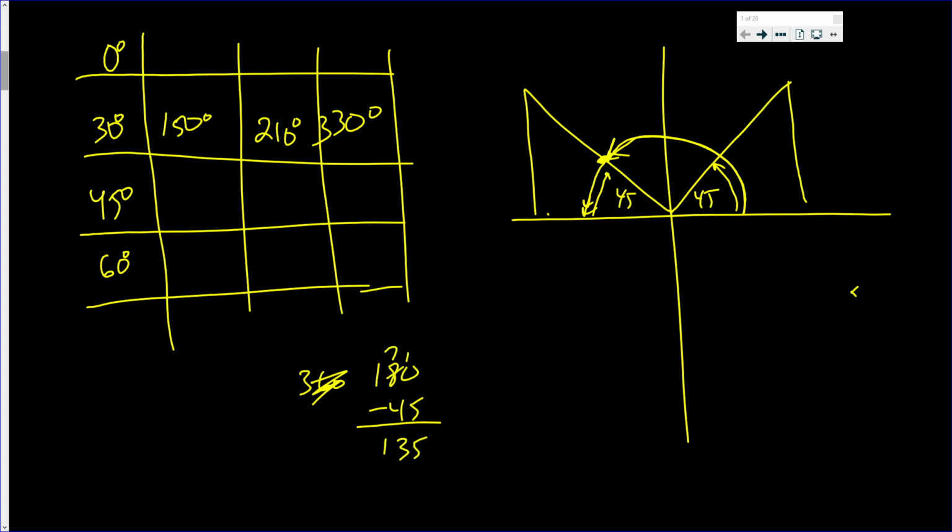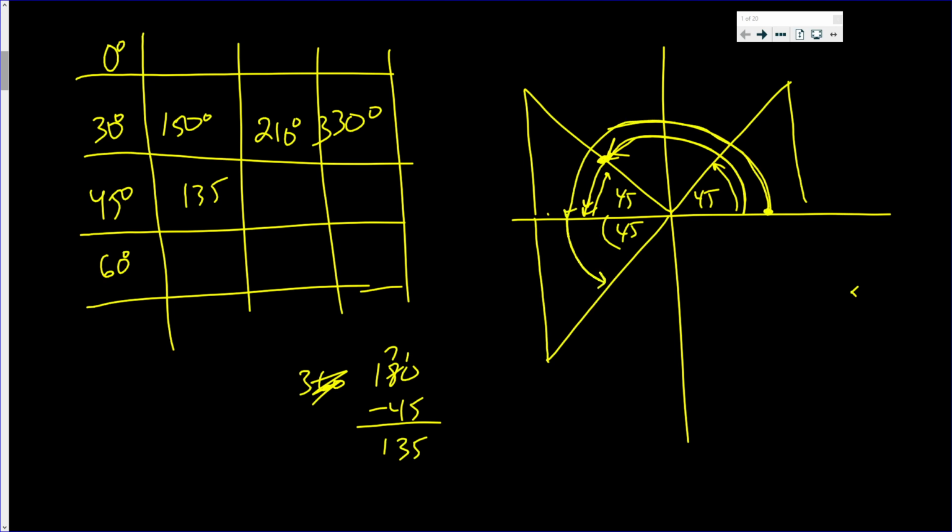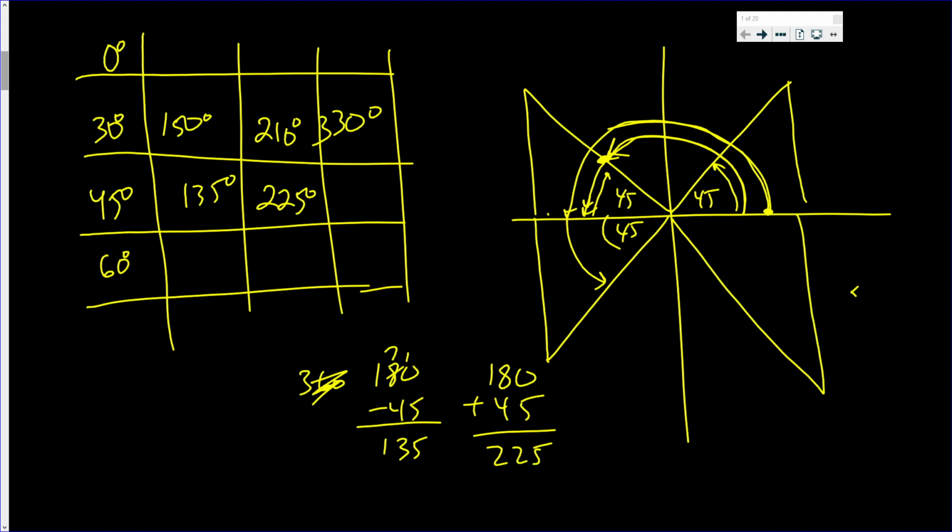So you get 135 degrees. What if you are in quadrant 3? Well, and your reference angle is 45 degrees. Well, starting at the x-axis, you go 180. You just have to know that. Plus 45. 180 plus 45 is 225 degrees. Now, what if you're in quadrant 4?